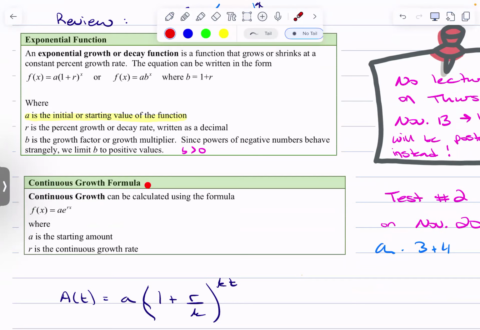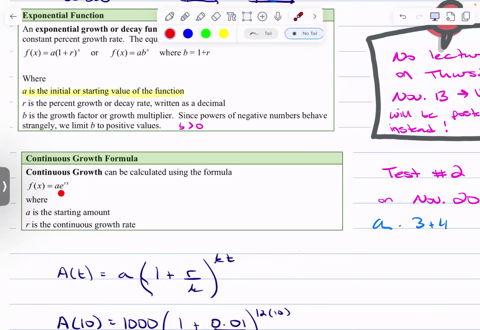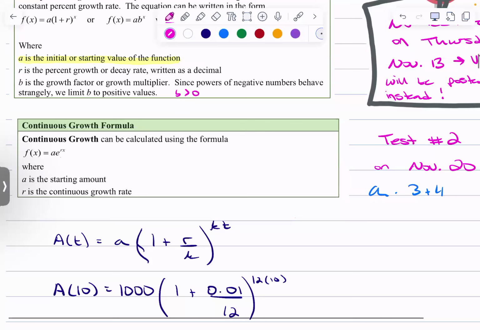We also introduced the continuous growth formula. So continuous growth is very similar to what we see in the exponential functions. It's just that our base, e, is Euler's number e, which is on your calculator. It's just like pi, it's an irrational number, roughly 2.71828, and so on.